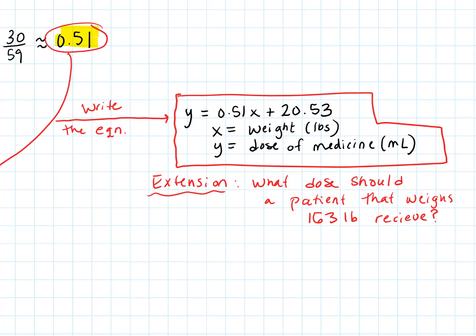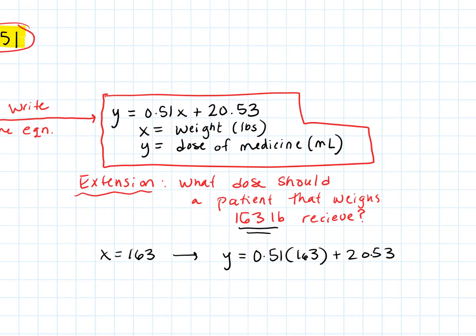Okay. So a patient that weighs 163 pounds, well, this is why we write x and y, because that is definitely an x value. So if x is 163, we can figure out what the dose should be by plugging in 163 for x. And then it just becomes a problem from back in volume 1. Now we're just plugging in a number into a formula and seeing what we get back.